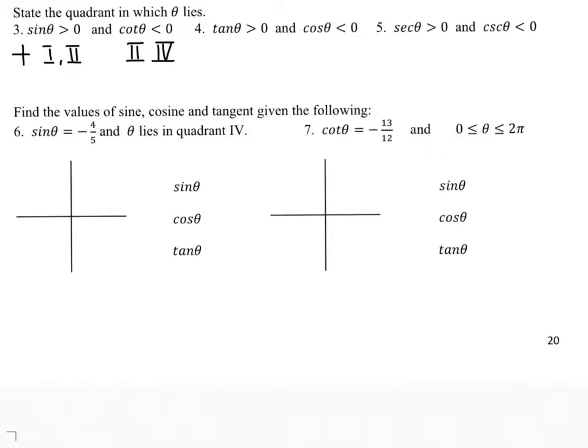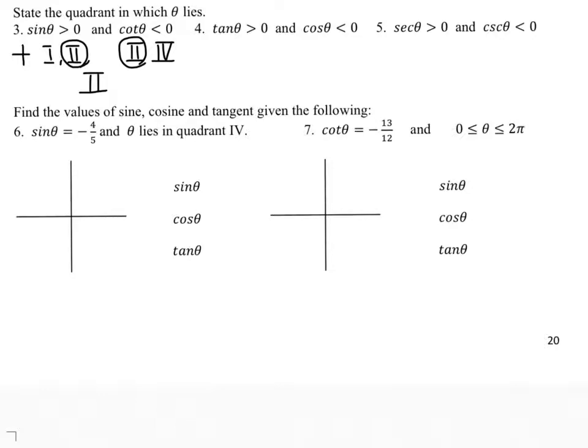So which one satisfies both? Obviously it would have to be the second quadrant. So for sine greater than 0 and cotangent less than 0, the angle is going to be in the second quadrant.